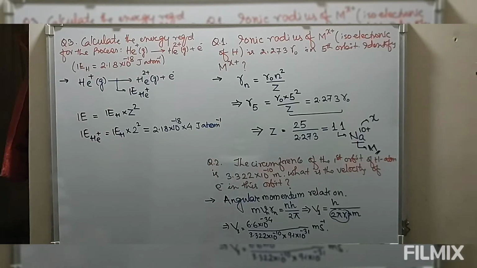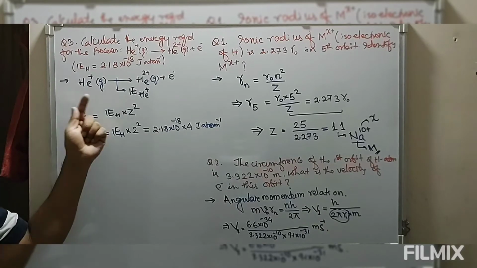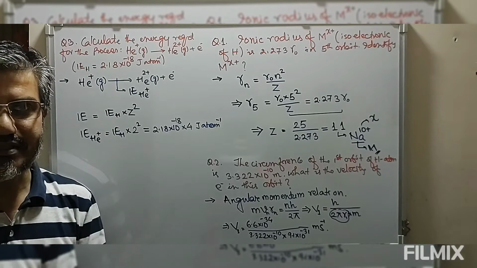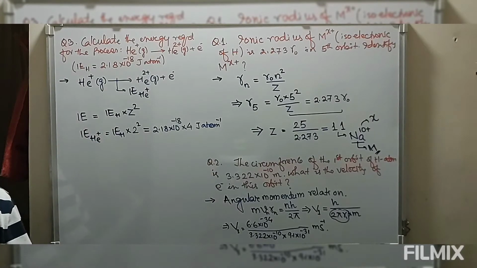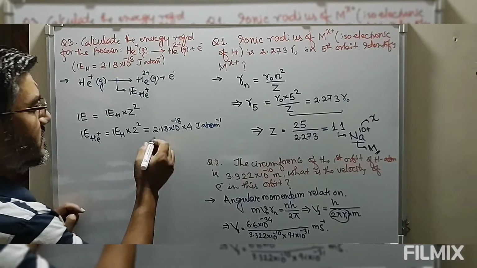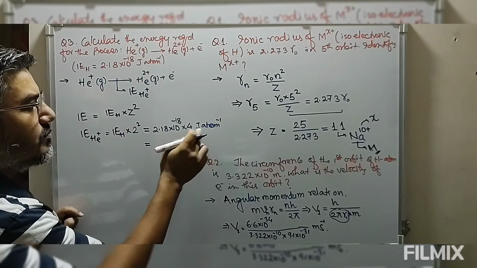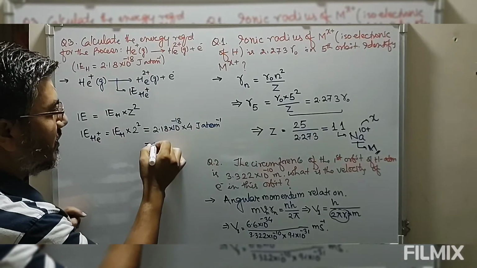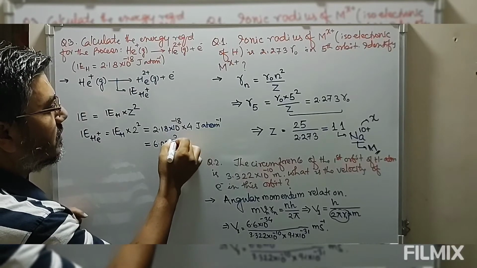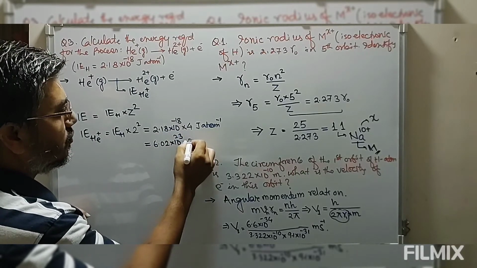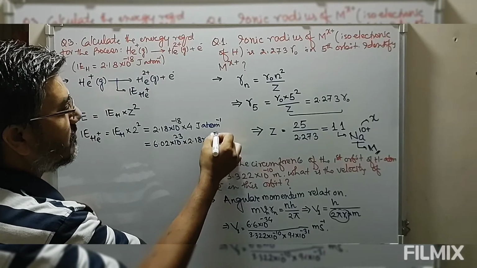So this much amount of energy is required per atom of helium plus to ionize the lone electron present in helium plus. Now if the question asks for this to be converted into mole, not for a single atom, we have to multiply this by Avogadro number: 6.02 into 10 to the power 23 into 2.18 into 4 into 10 to the power minus 18.